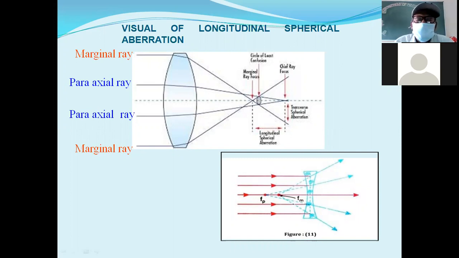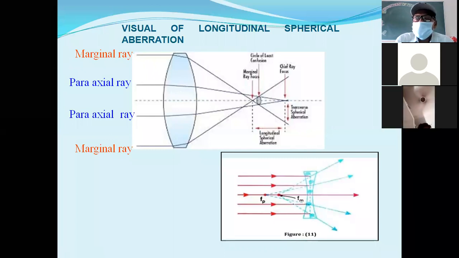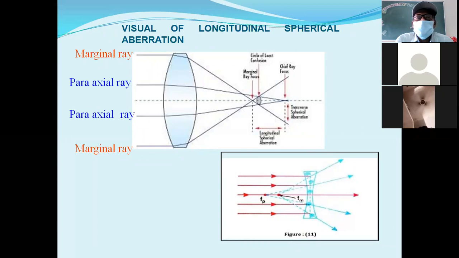We all know these marginal rays come to a focus very near to the lens, whereas the paraxial rays have a lesser deviation and come to a focus at a farther point. Since the angle of deviation depends upon the height of incidence of the light ray from the principal axis, as the height increases, the angle of deviation also increases.